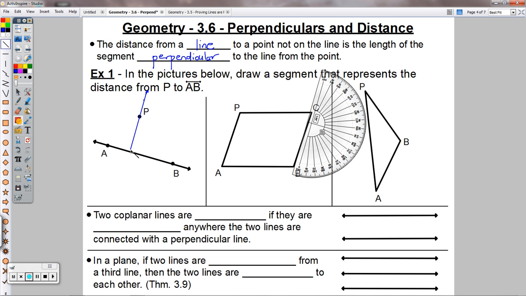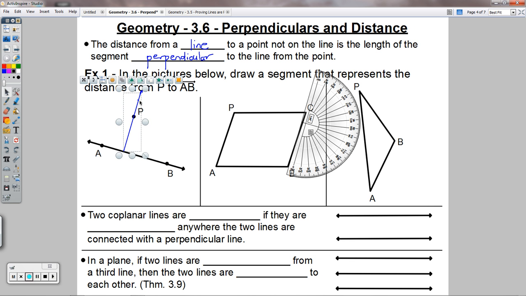From here to here, and I'm not talking about that whole thing, so I can shrink this down like that. So right there, that's the distance from point P to line AB, and that is because this segment is perpendicular to that line. It's the shortest distance from P to AB if it is perpendicular.